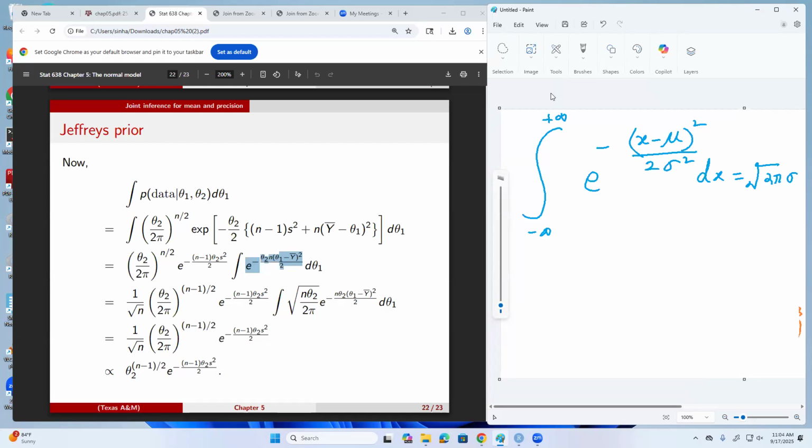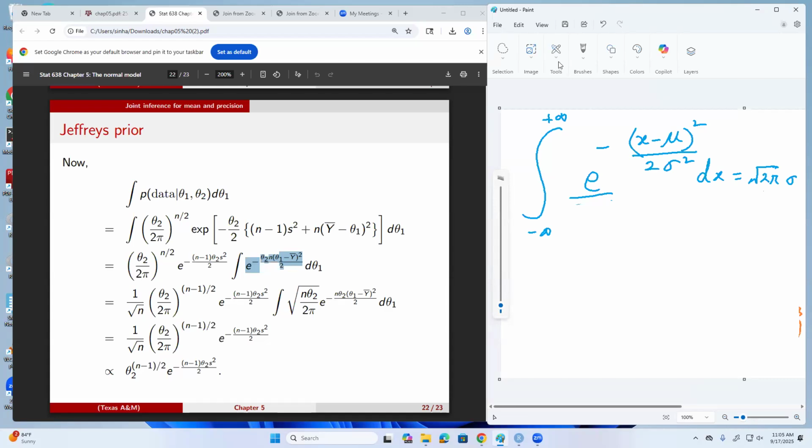Because if we divide by square root of 2 pi sigma, the right side is 1, because this is the integration of the density function. So if you integrate this out, you get square root of 2 pi and sigma.